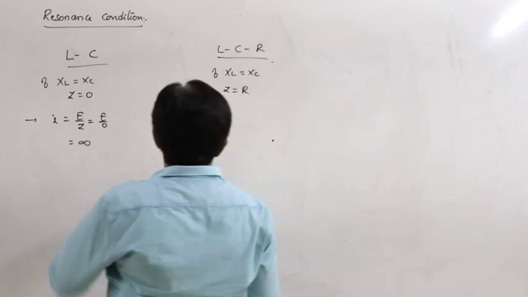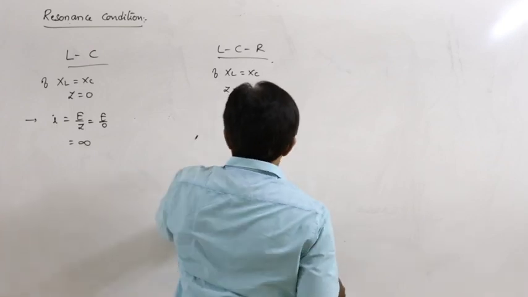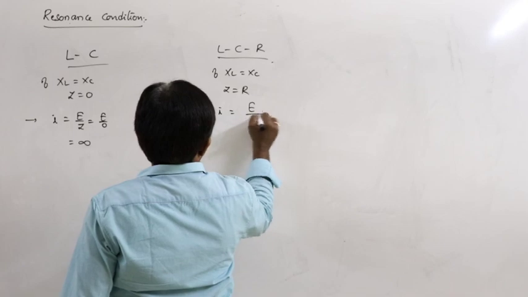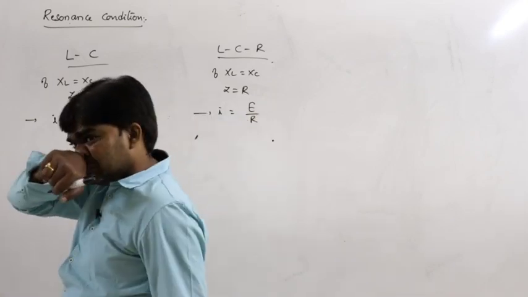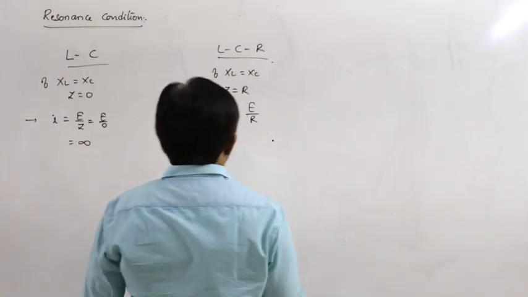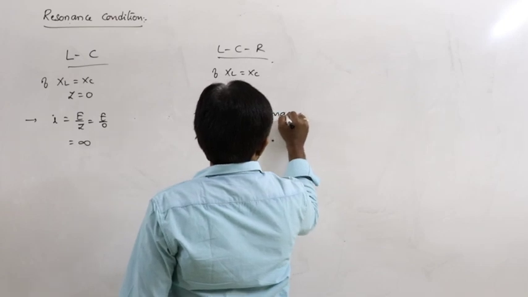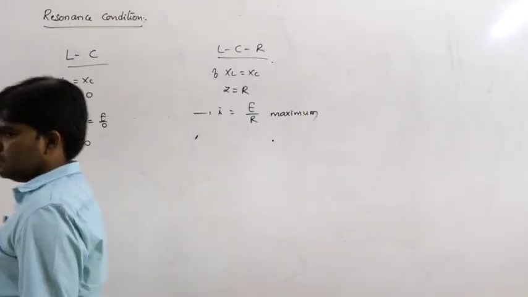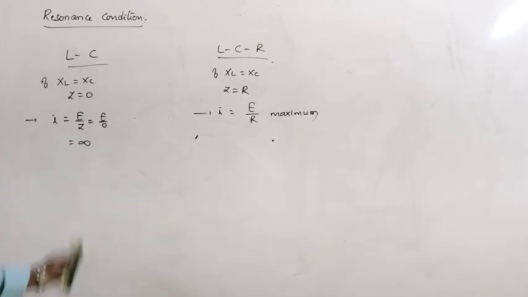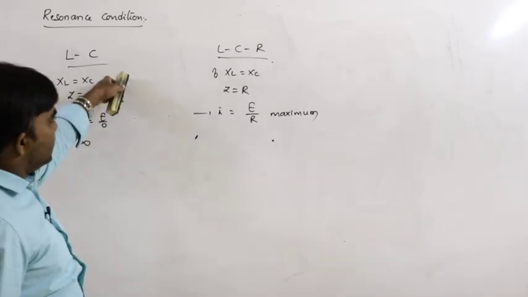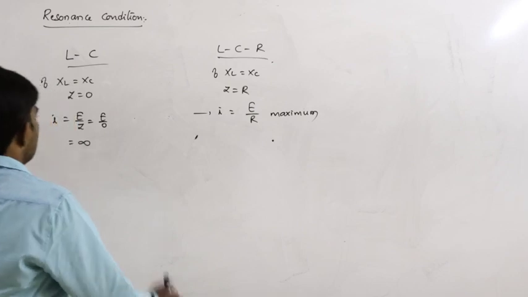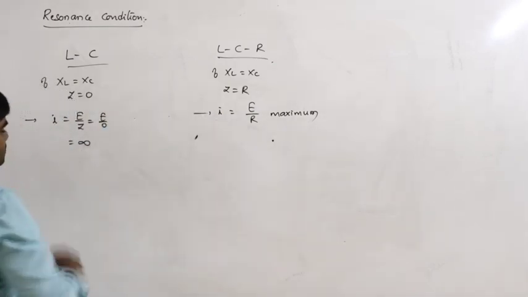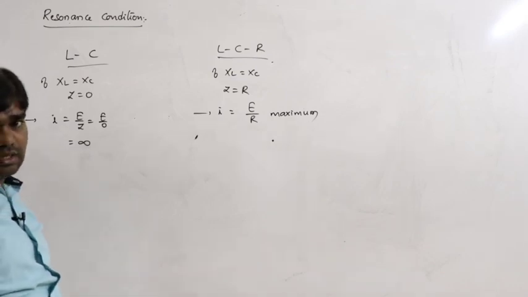Next, in case of LCR circuit, the current can be written as E by R. The current is maximum current here. So this is the difference between the LC and LCR circuit. Of course, here resistance is present, here no resistance.